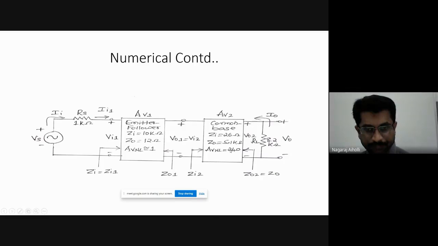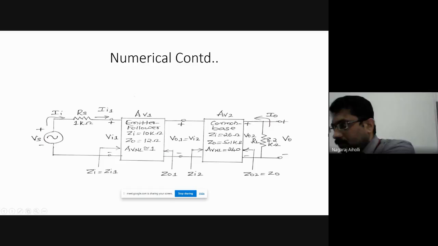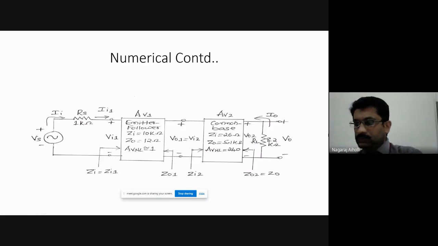Now here the RL which you have noted down is for the first stage. Now we are finding for the emitter follower circuit, for this portion. Now RL for this portion is what? RL for the emitter follower is Zi2.